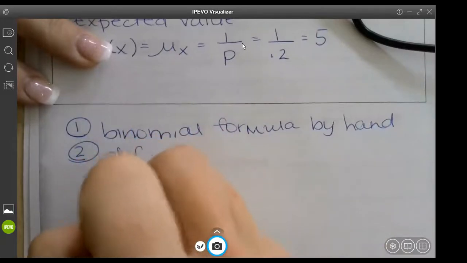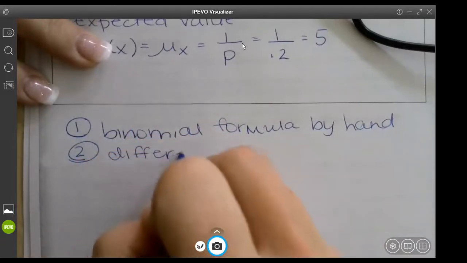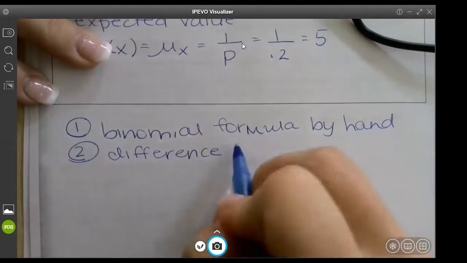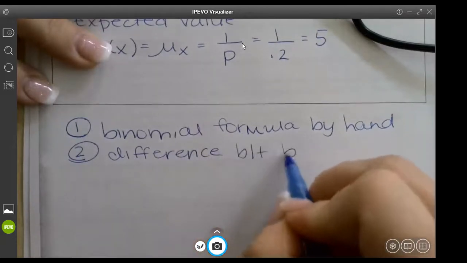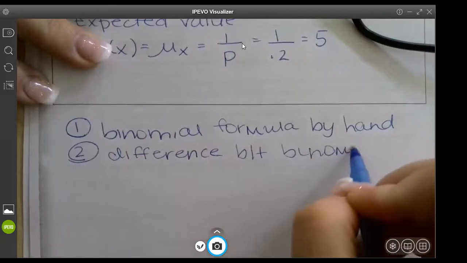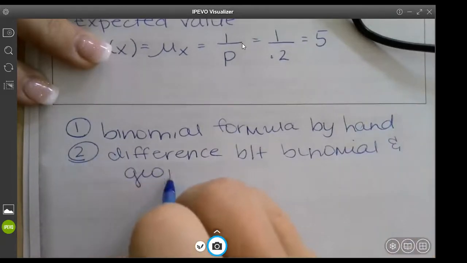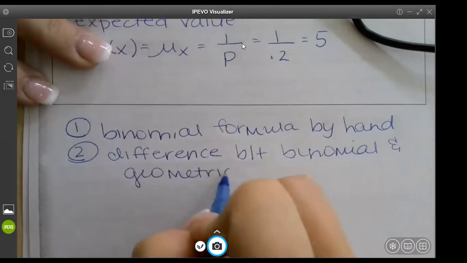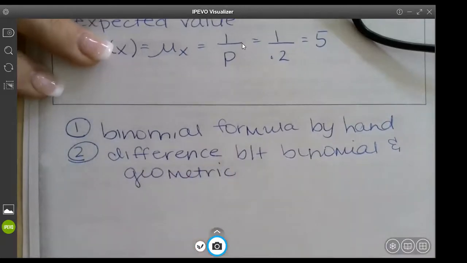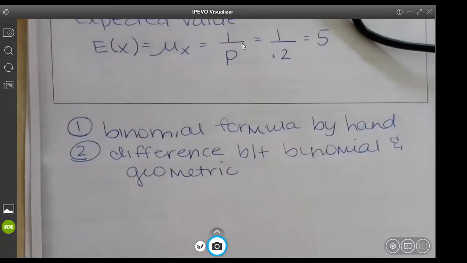You need to know the difference between binomial and geometric. And they're going to ask you questions like, how do you know that this is geometric? How do you know that this is not geometric? How do you know that this is binomial? How do you know this is not binomial? Stuff like that. So just read carefully, read carefully.